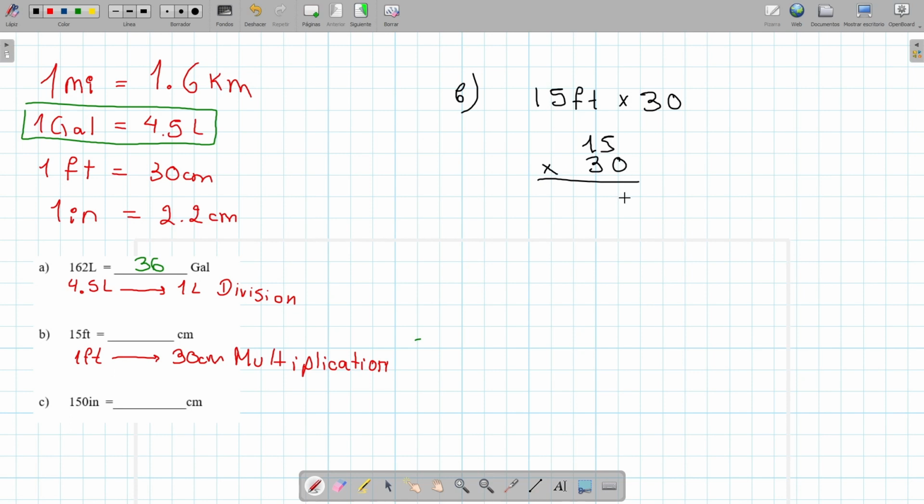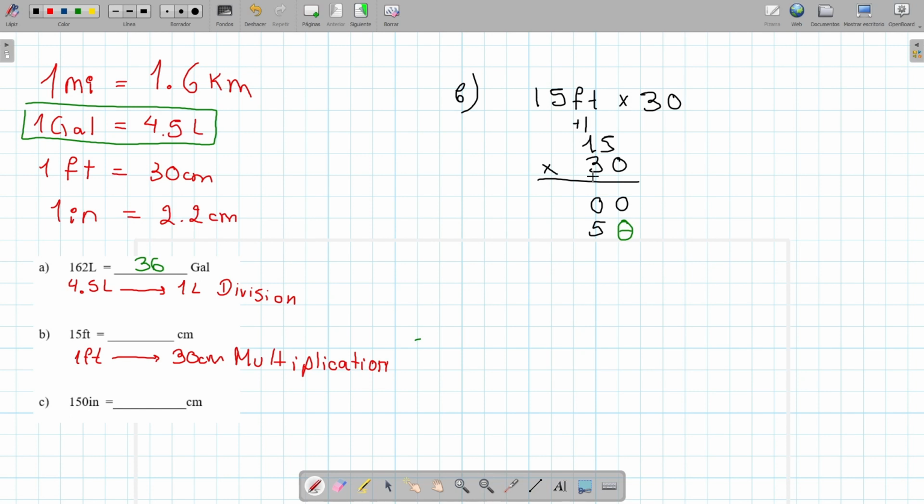0 times 5, 0. 0 times 1, 0. When we have to move to the other digit, don't forget that we need this invisible 0. We need a space here. And now we can continue with the multiplication. 3 times 5, 15.